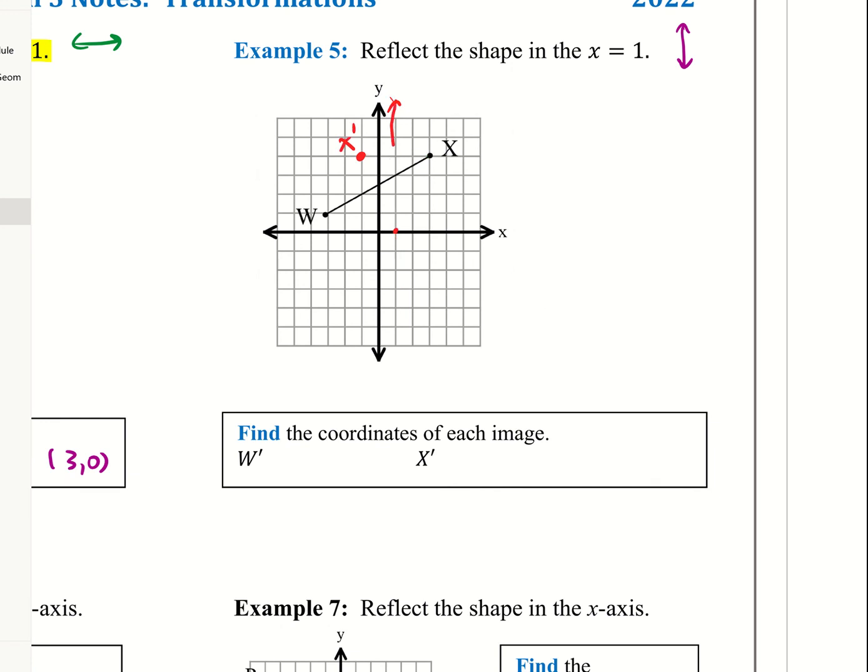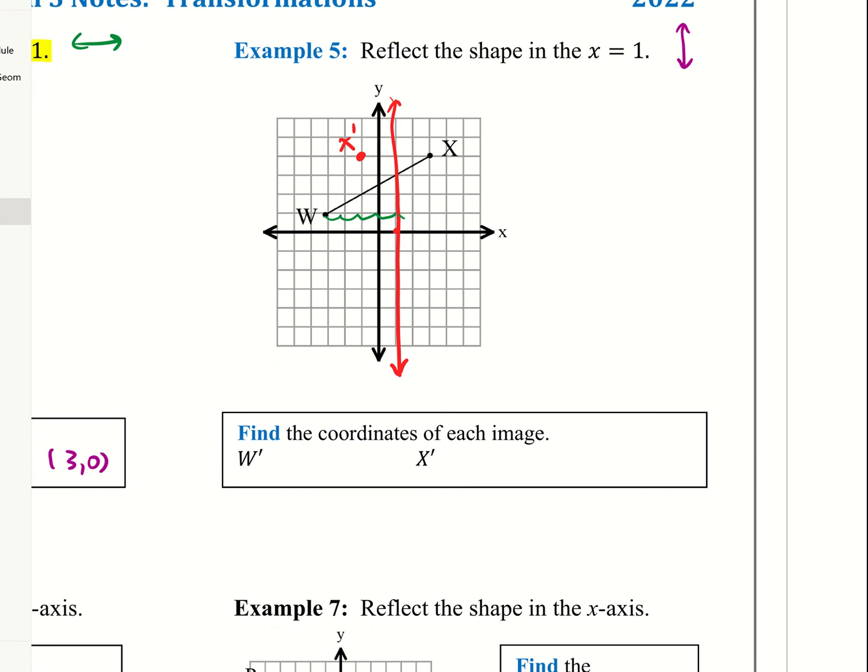Oops, I didn't mean to move away my line of reflection, sorry. So X was to the right of this line, so its image X prime was to the left. The thing that's weird about this one is that X and W are on different sides of my line of reflection. W is 1, 2, 3, 4 steps away from my line of reflection.